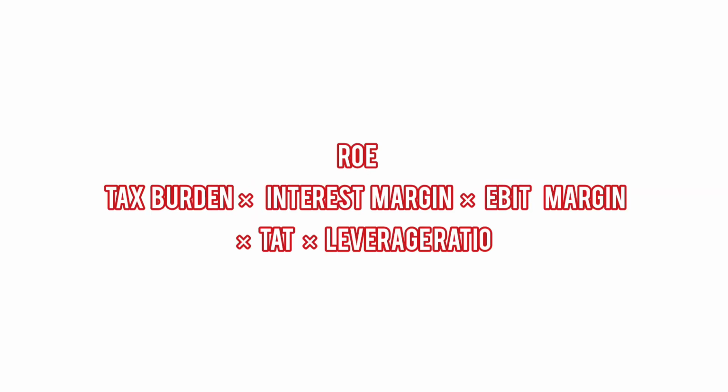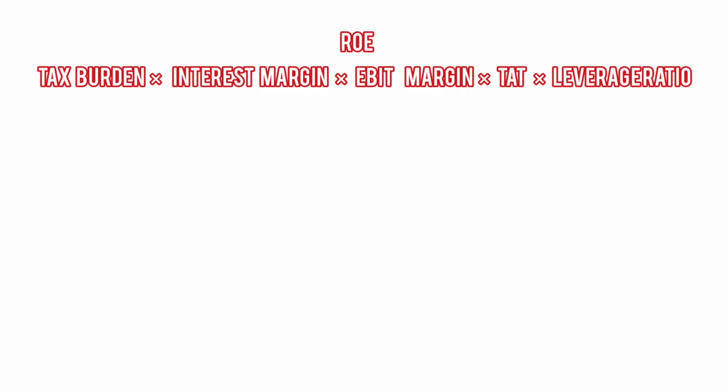So, let's get started. Return on equity breaks down like this: tax burden times interest burden times EBIT margin times total asset turnover times leverage ratio. Further breaking down, the tax burden is net income divided by EBT.